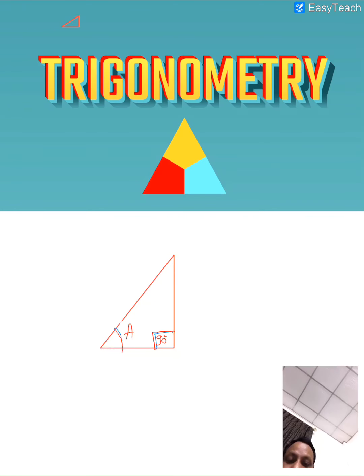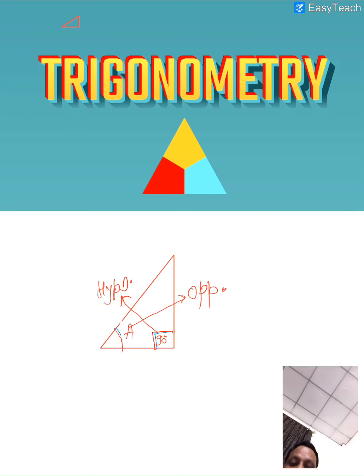In front of the angle is called the opposite, and in front of the 90 degree is the hypotenuse. Hypotenuse is the longest side in a right angle triangle. Don't be confused, because so many people are not clear about opposite and adjacent and always make mistakes.